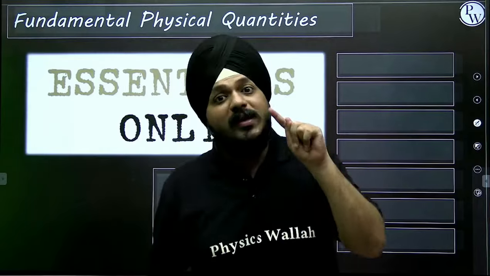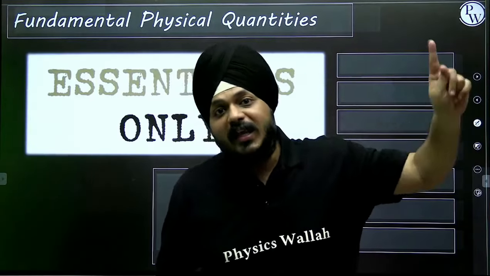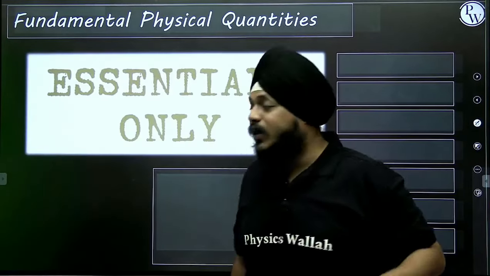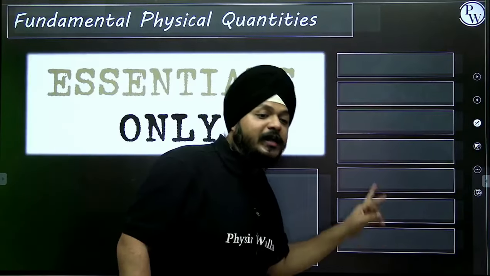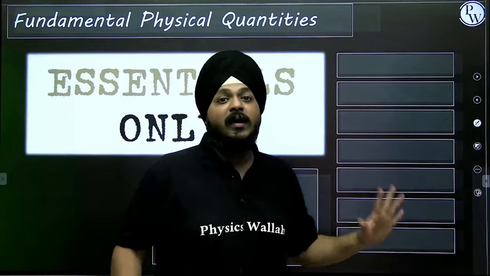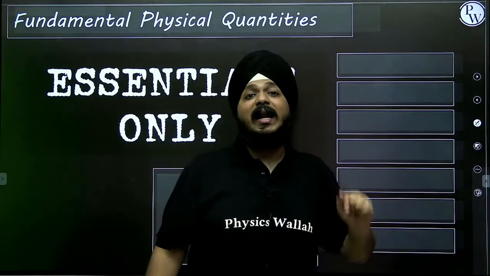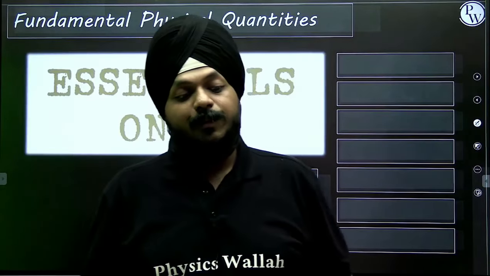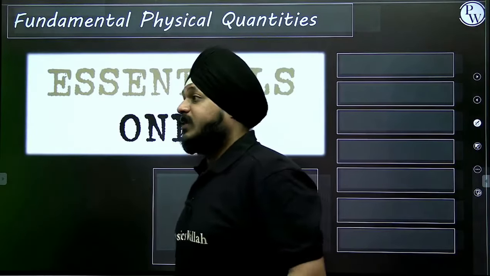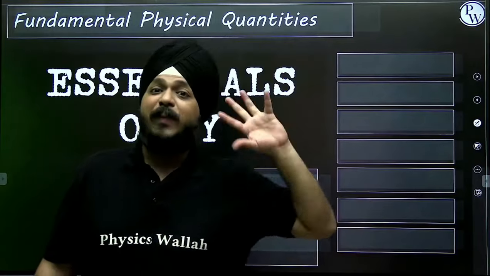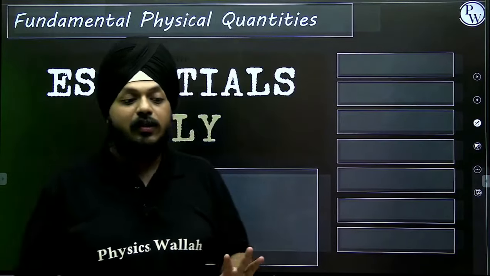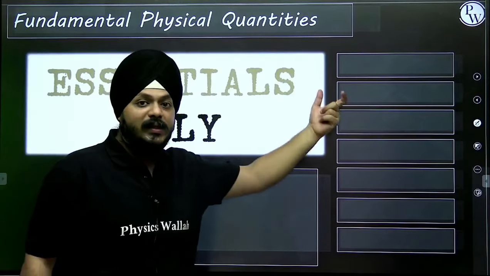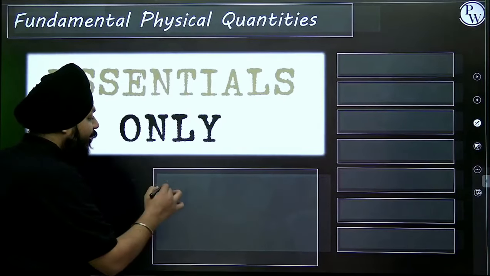If you want to describe any laws in nature, you need this one factor. Without these 7 fundamental physical quantities, we are not able to describe any of the phenomena going on in the universe. That's why they hold a special prominent position in physics, and that's why they are defined as fundamental physical quantities.